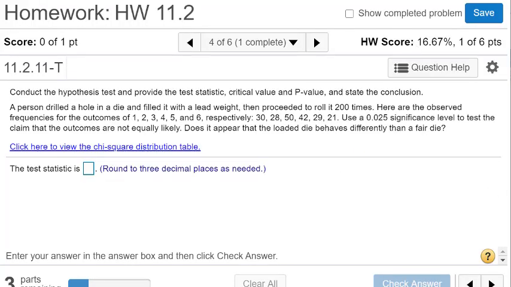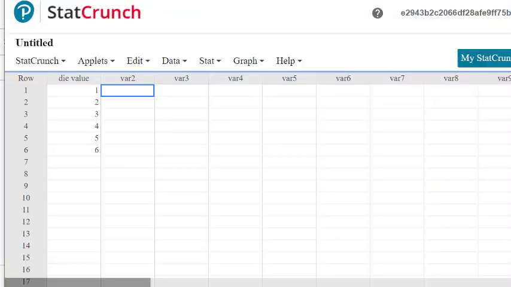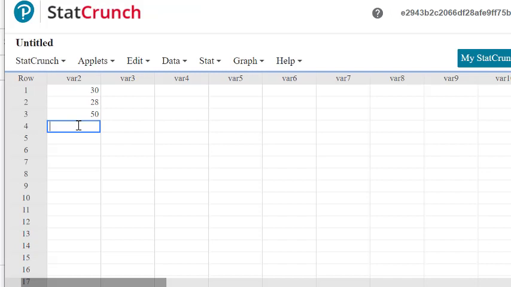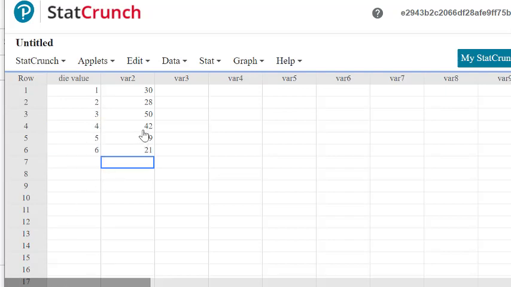So 30, 28, 50, 42, 29, and 21. So those are our values. Now the die value is not really that important, but these are going to be the observed values that we have.